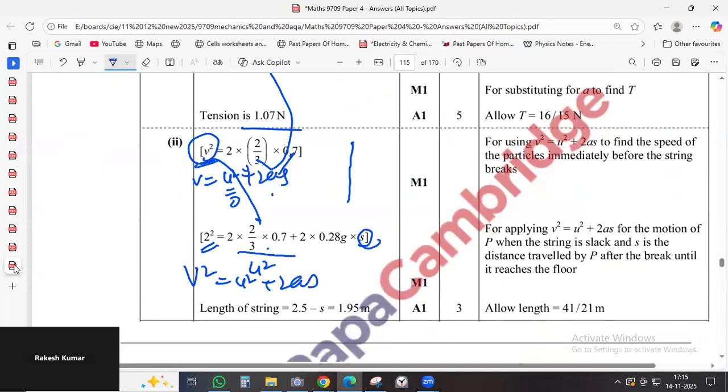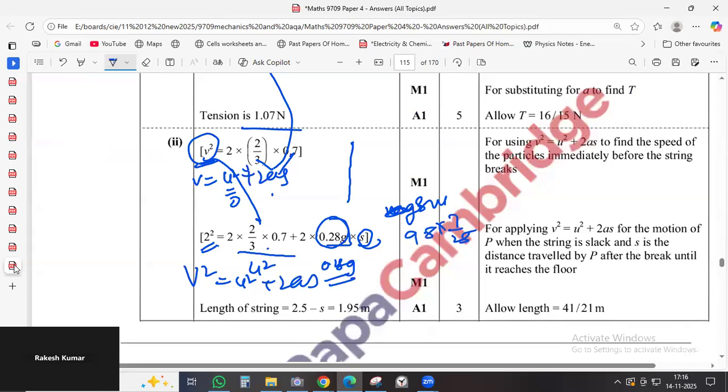Notice he's using acceleration 0.28 g. Now why is this 0.28 g? Because this is mg sine theta. So m is removed. So g was 9.8 and sine theta was 7 by 25.